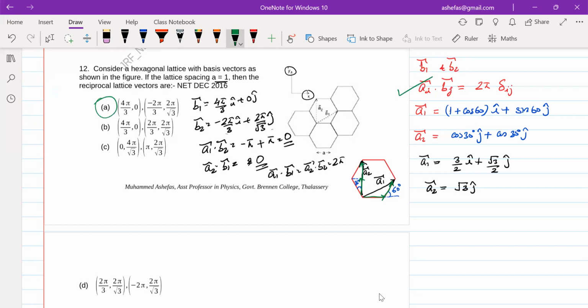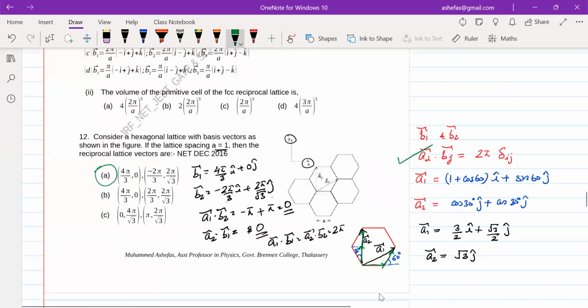So this choice satisfies the condition of the reciprocal lattice vectors, and all the remaining choices should not satisfy it. You can check it if you have time. So this is the way to answer such questions. This is an example of a two-dimensional lattice, and we have found the reciprocal lattice for this two-dimensional problem.